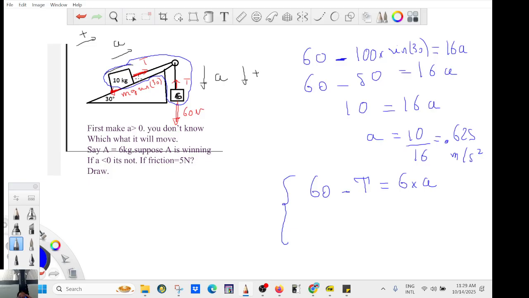And then you consider this system, so T minus mg sine equals 10 times acceleration. You get the same thing. You can use that to find the tension. If I was to find a negative acceleration, that means I was wrong and the system is not going this way but the opposite way. So in that case, I have to start over. I cannot try to fix. I cannot have a quick fix. I have to start over. Okay?